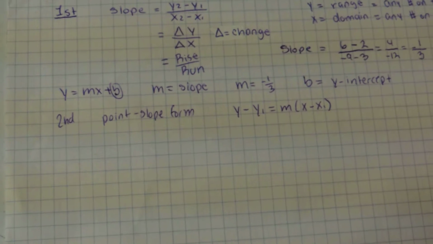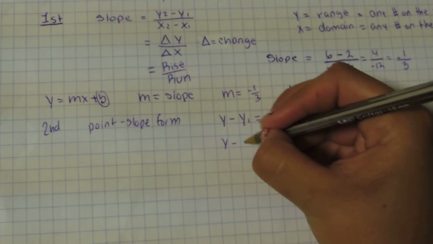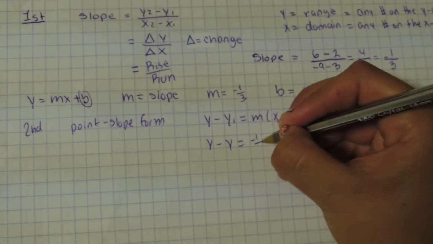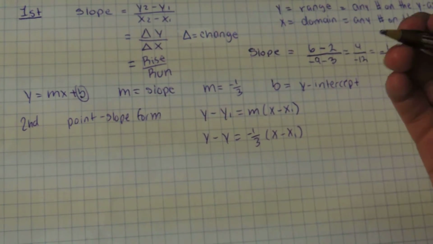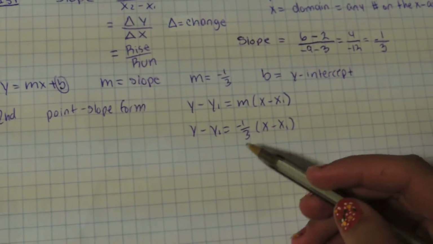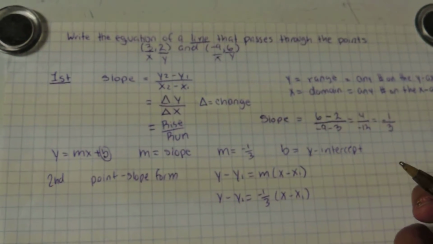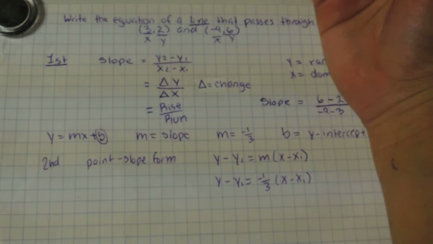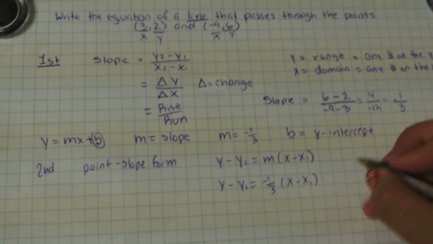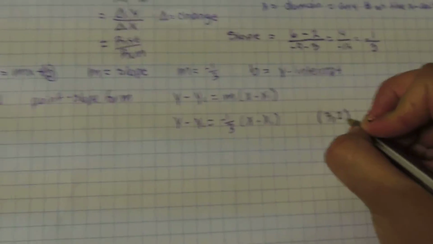Now, we already know what m is. Now, which point do we want to use for this equation? Let's just use 3, 2, because they're both positive. So, we're using the point 3, 2.